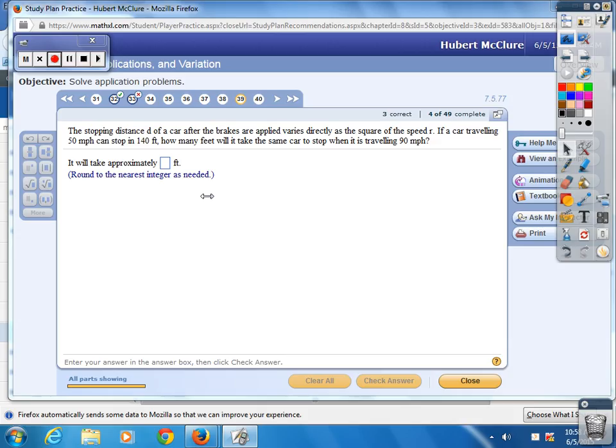Now, I'm going to tell you something. I always tell you when I feel like the book is tricking you, so I'm going to tell you here, I do not like this word. I do not like the way they've got this written. As the square, I don't like that. When you see this, I want you to say exponent. Because when you see as the square, most students think that's what?